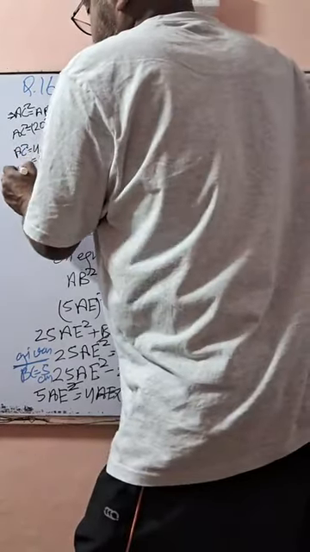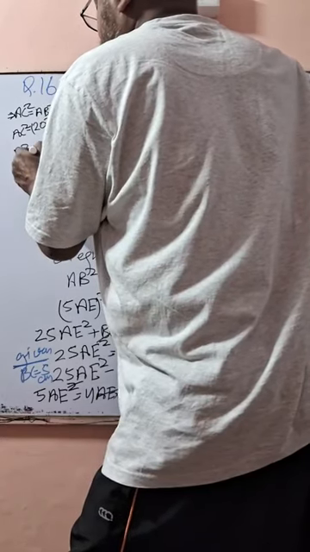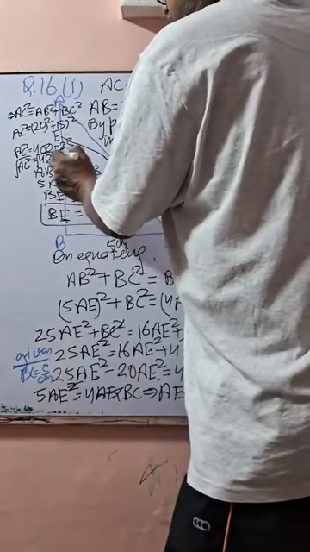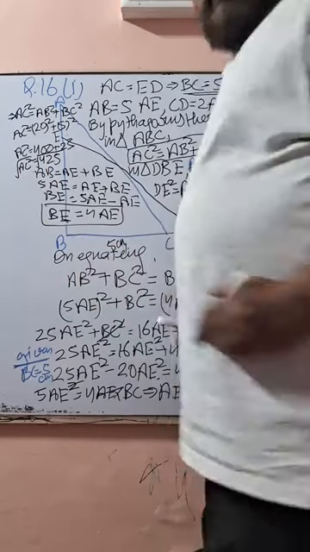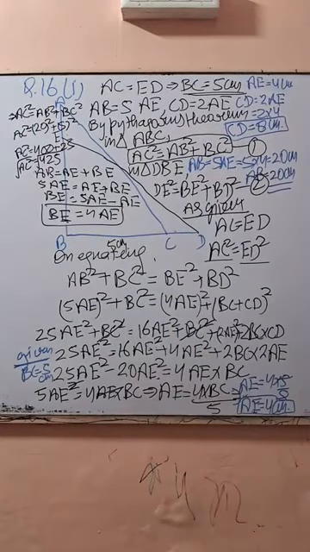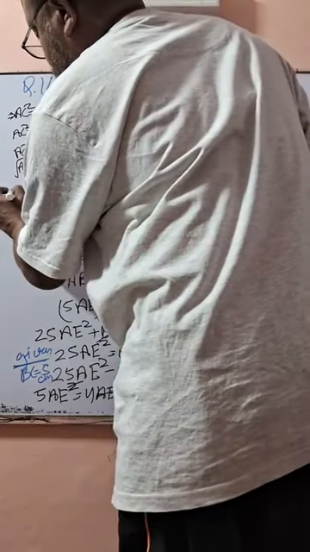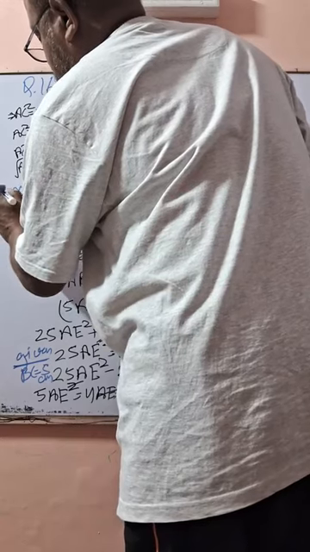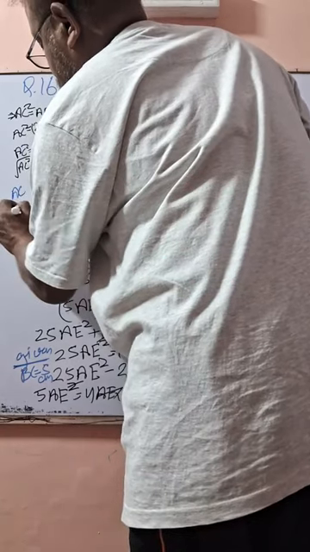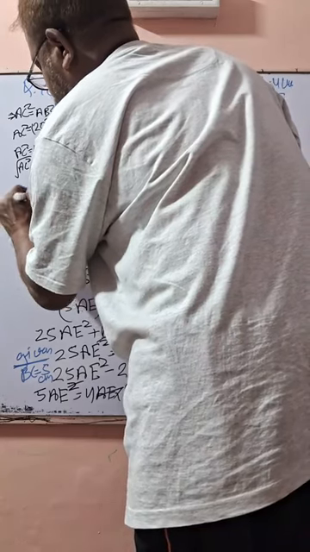So taking square root on both sides, we get AC is equal to root over 425.